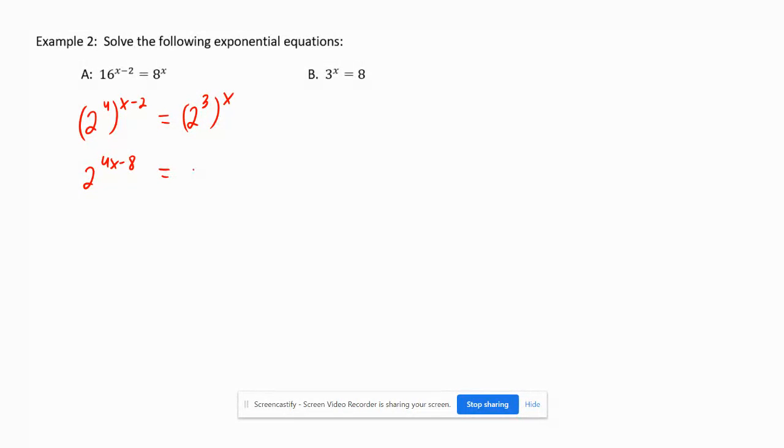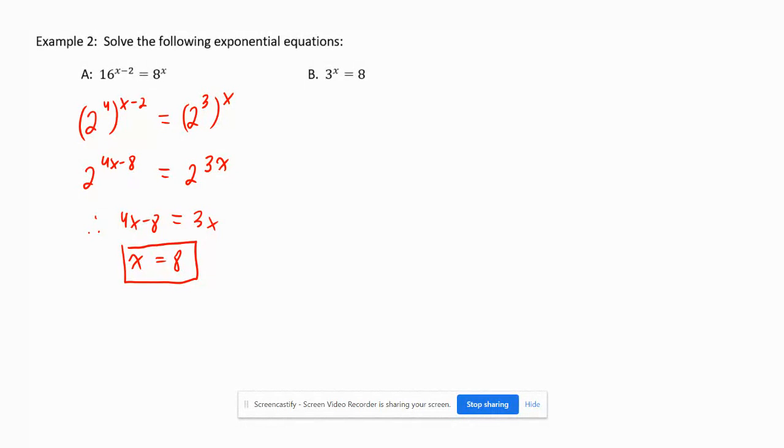So we're left with 2 to the 4x minus 8 equals 2 to the 3x. Both the bases are the same, so therefore the exponents must be the same as well. And we get x equals 8. Okay, nothing necessary to check for a question like this.